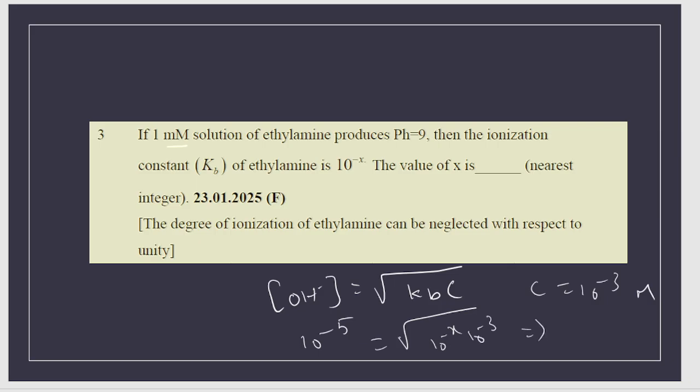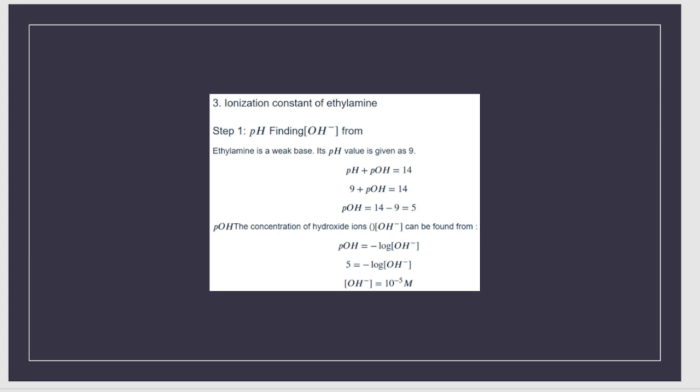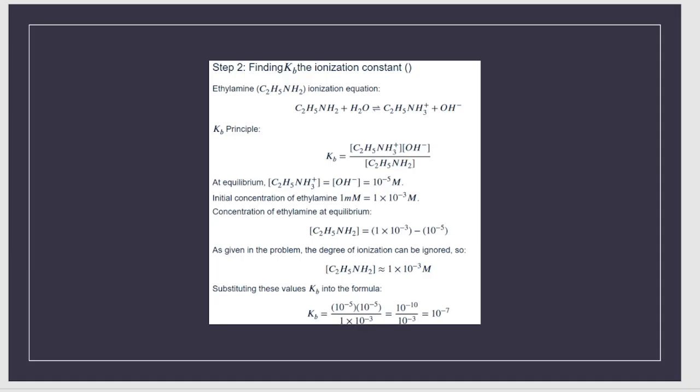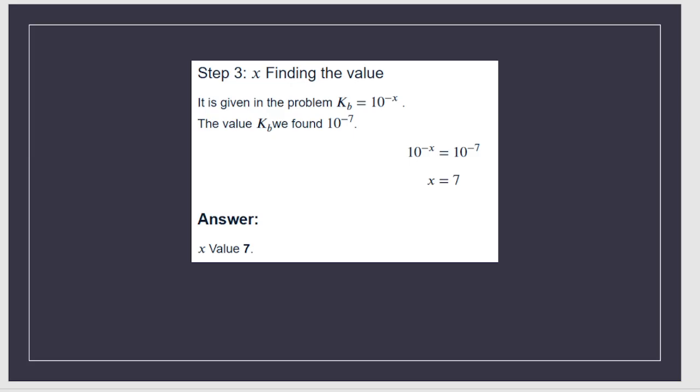If we take a square on both sides, you will get 10 power minus x as 10 power minus 7, and hence x will be 7. See clearly, you can see the solution here, and finally we got Kb as 10 power minus 7, and hence x is equal to 7.